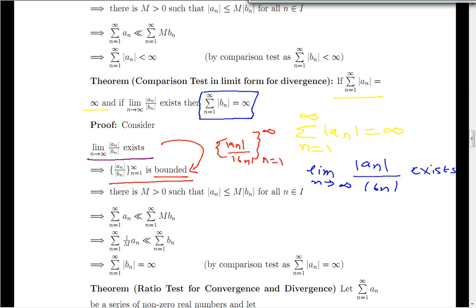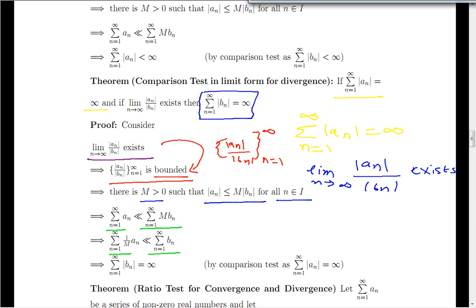So there is M greater than 0 such that |an| upon |bn| is less than or equal to M, that is |an| is less than or equal to M times |bn| for all n belongs to I. By the definition of dominance of series, we can now say that series an is dominated by series Mbn. In other words, the series 1 upon M an is dominated by series bn.